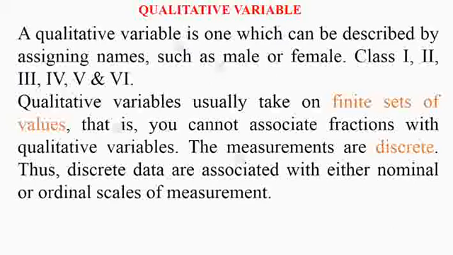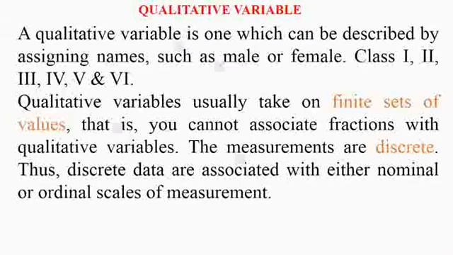Okay, here we have qualitative variable. A qualitative variable is one which can be described by assigning names such as male or female, class 1, 2, 3, 4, 5, 6, and whatever. Qualitative variables usually take on finite sets of values.